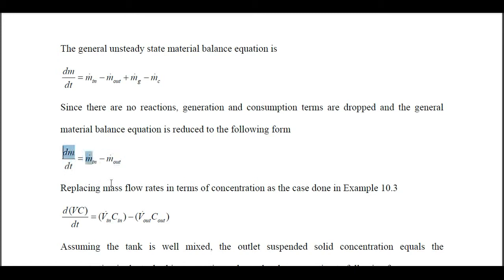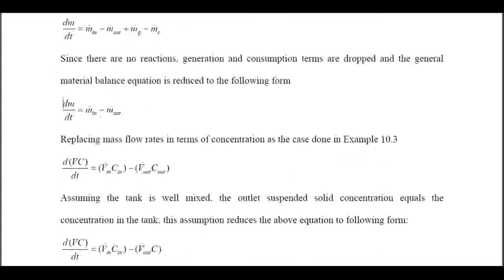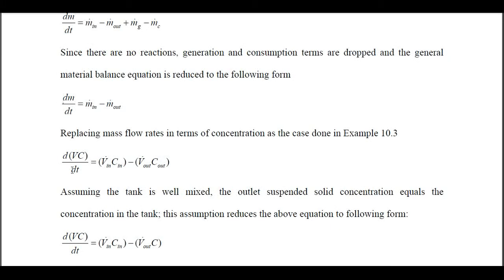Our equation is summarized to the change in mass equals only M in minus M out. Since we are dealing with concentration, we will change the mass to concentration. We know that mass equals volume times concentration. Here we put the volumetric flow rate, which is volume over time, times C in and C out.